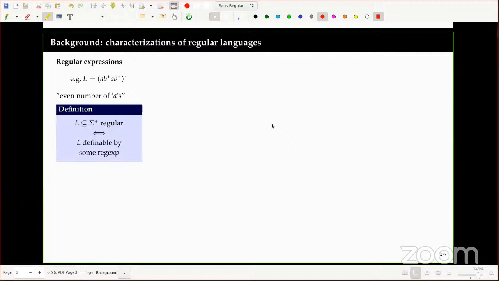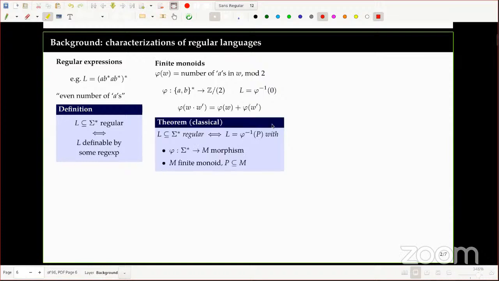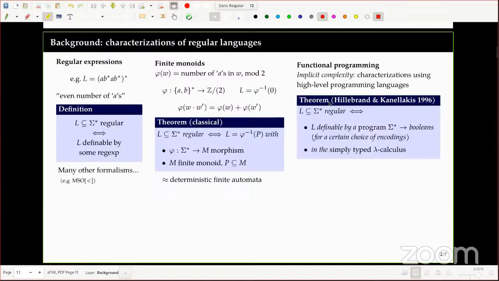Essentially, to give a bit of background on regular languages: regular languages are nice because we have several equivalent ways of describing them: regular expressions, automata, monoids. And like I said, our main goal with this line of work is to see if there is another characterization via simply typed lambda calculus.